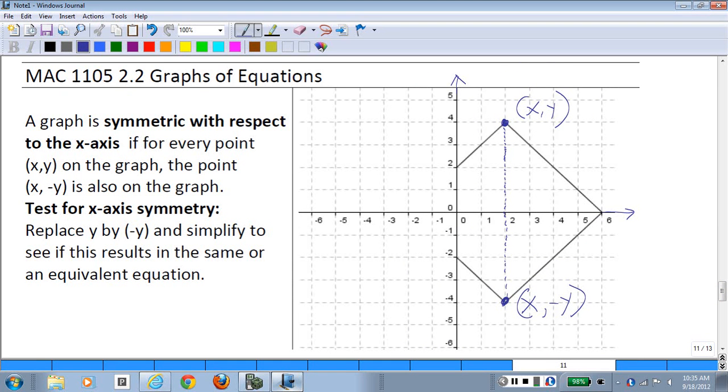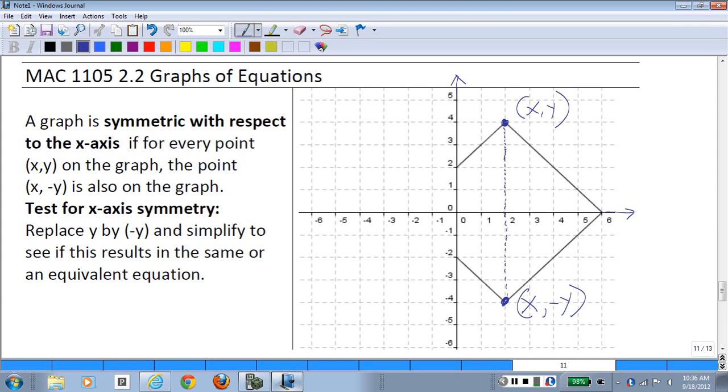So there are tests for symmetry, x-axis, y-axis, and origin symmetry that we want to be able to apply to an equation even if we don't know what the graph looks like. The test for x-axis symmetry: if (x, y) is on the graph, then (x, negative y) is going to be on the graph. So if (x, y) satisfies the equation, (x, negative y) must also satisfy the equation.